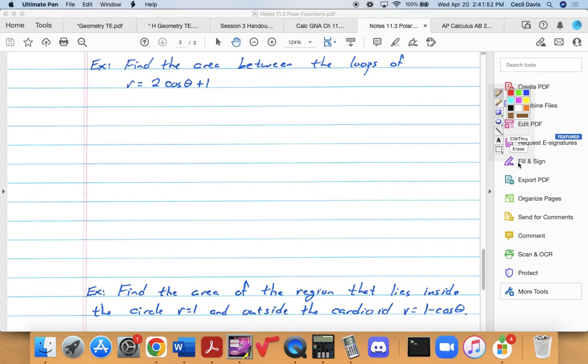All right, so let's sketch a quick graph of this. At 0, cosine of 0 is 1, times 2 is 2, plus 1 is 3. So this starts at 3. Cosine at pi over 2 is 0, so this is going to be 1.